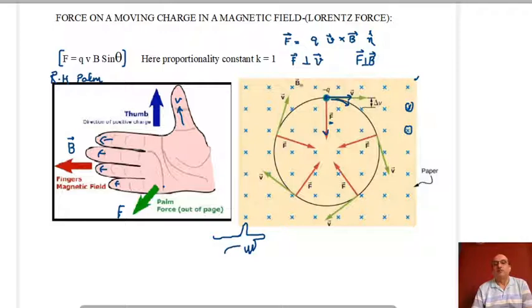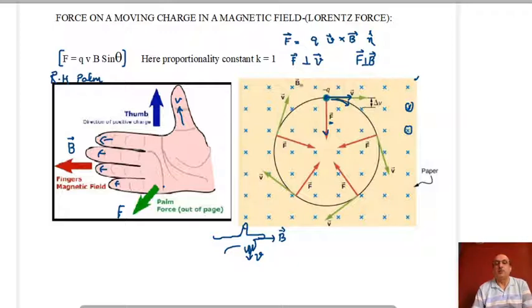Here the forefinger represents the direction of the magnetic field, and the other finger represents the direction of motion of the charged particle.